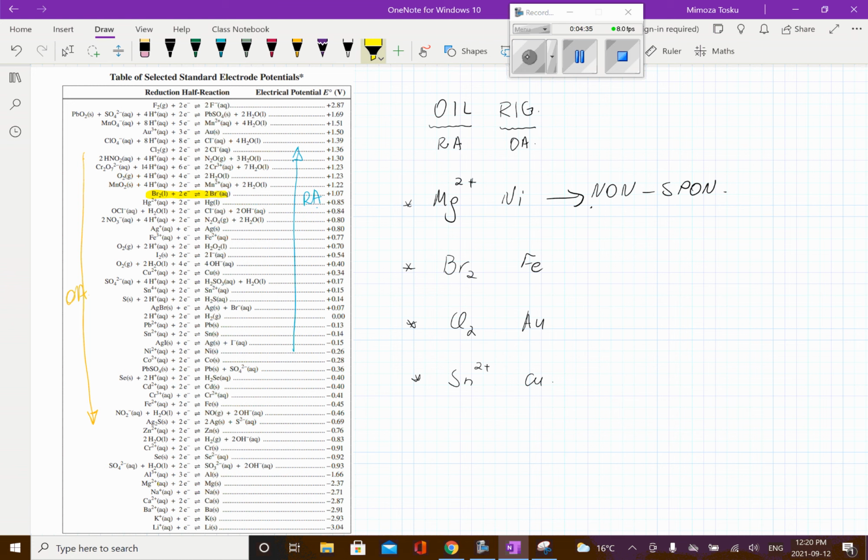But you have to figure out which reaction you are taking into consideration, and if copper is a reducing agent, then the other should be an oxidizing agent.